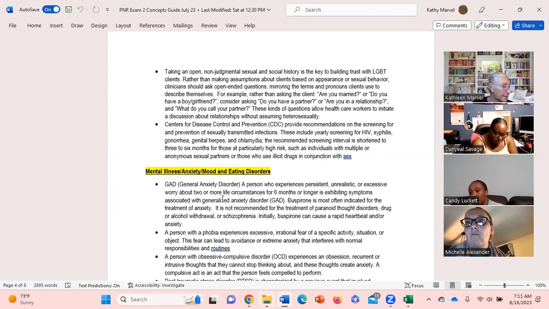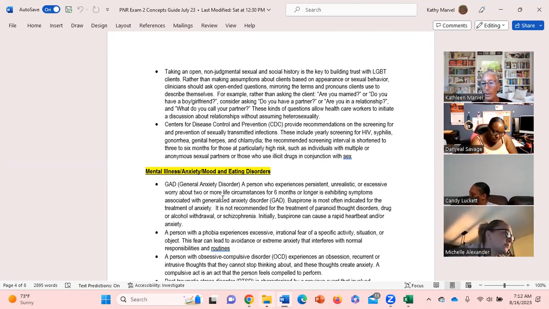And then the CDC recommends annual screening for the prevention of STDs if the client has identified themselves as LGBT. So remember the annual screenings: HIV, syphilis, gonorrhea, genital herpes, and chlamydia.